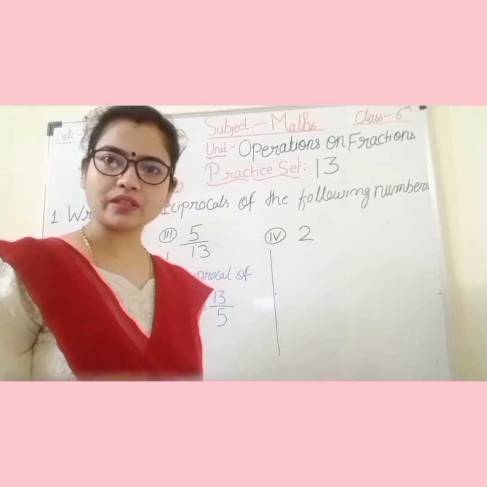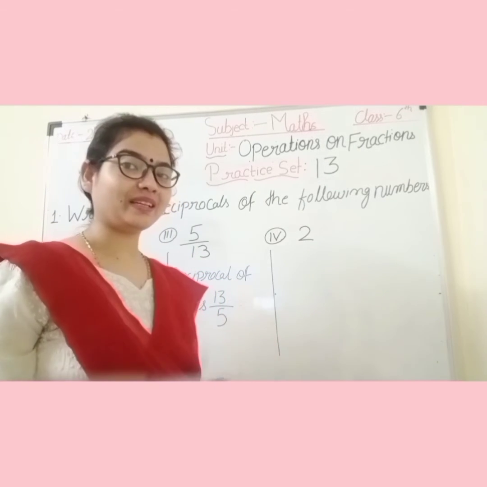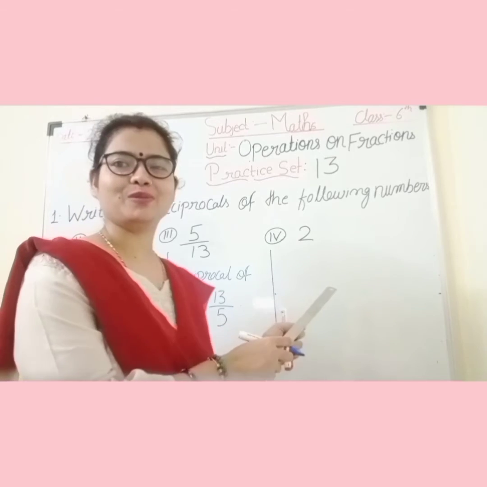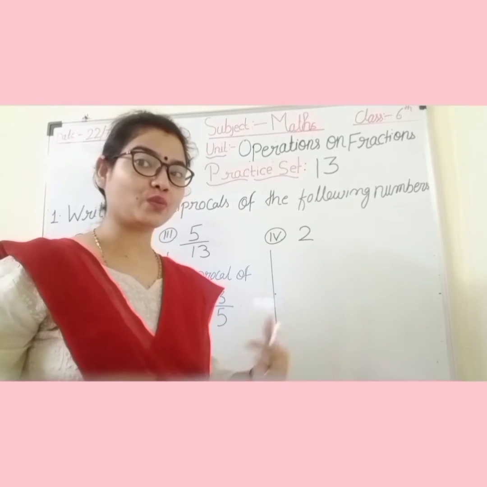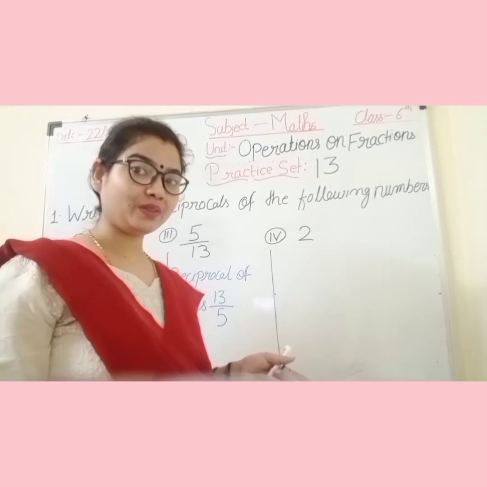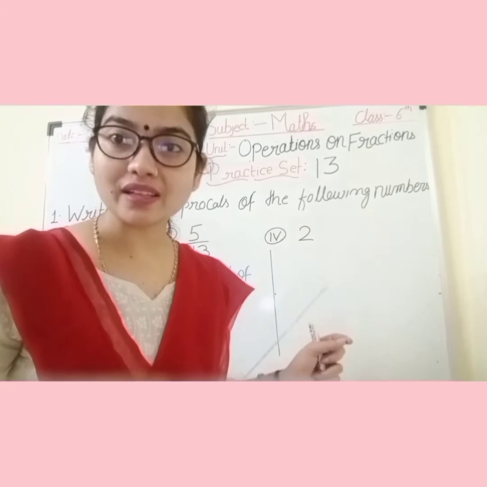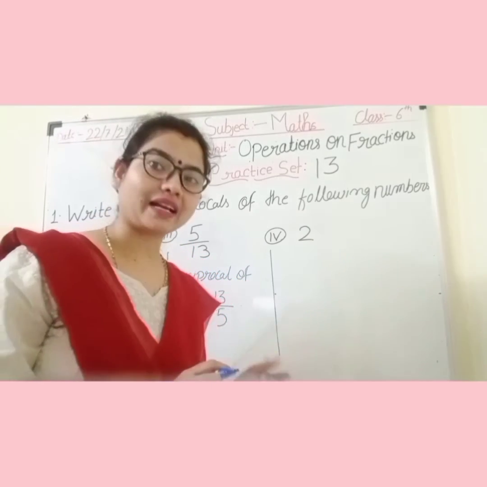Got it student? Now you all will tell me how to solve this too. Okay. So first what we should do? We should convert it into what? Convert it into what? Fraction. So see here.